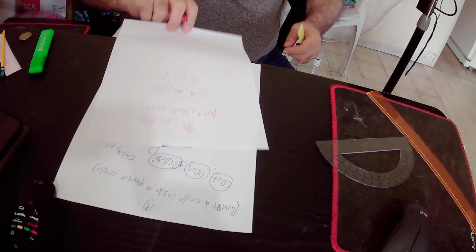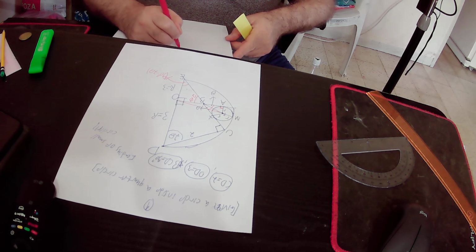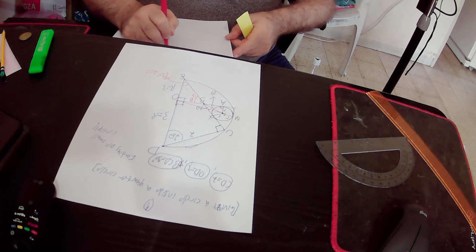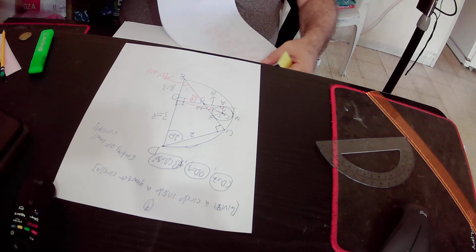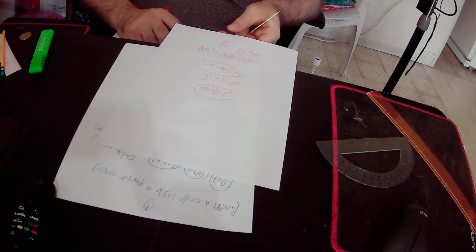But we know that capital R equals 3, so PO equals 3 minus the radius of the small circle.